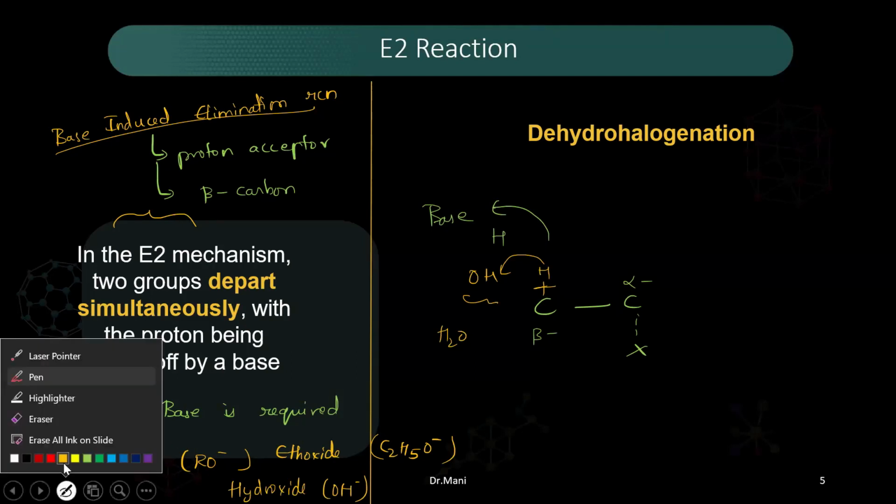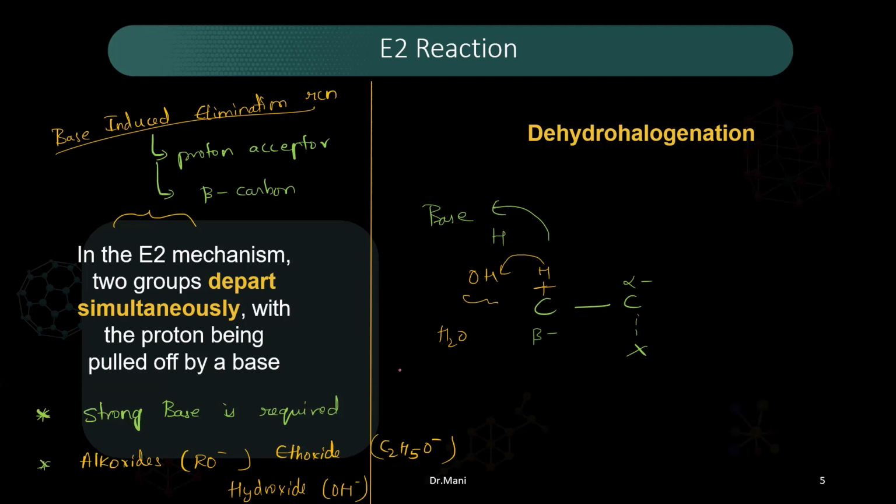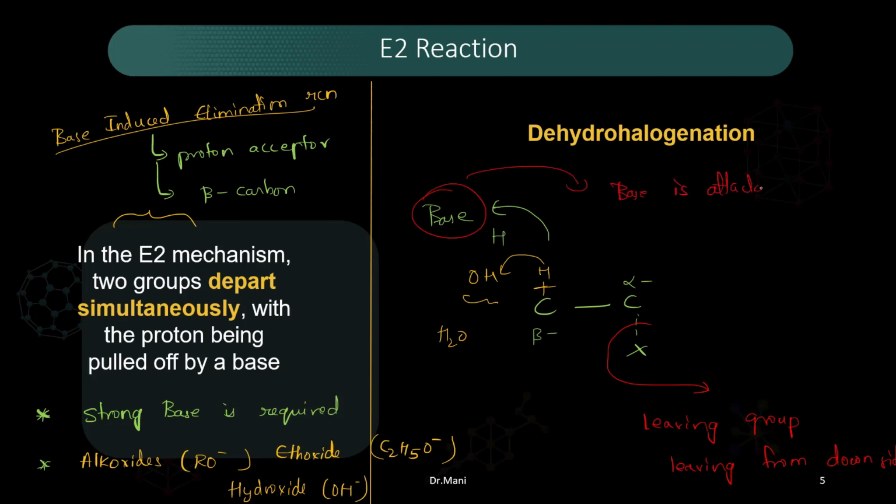And one more thing you need to remember here is, if you see here, the hydrogen is opposite to the halogen. Okay. So if you see the stereochemistry here, the base approaches the molecule from the opposite direction to where the leaving group is leaving. So suppose the leaving group is leaving from the downside, then here the base is attacking from the top.